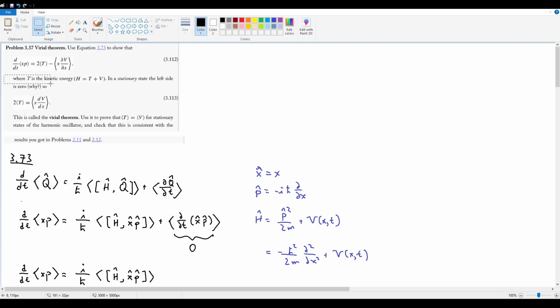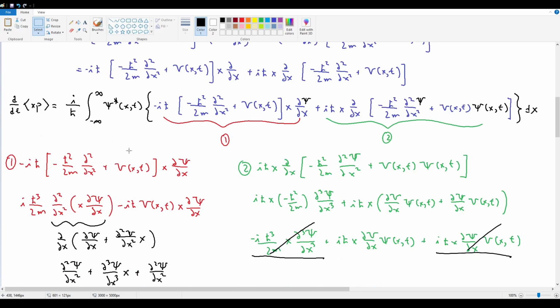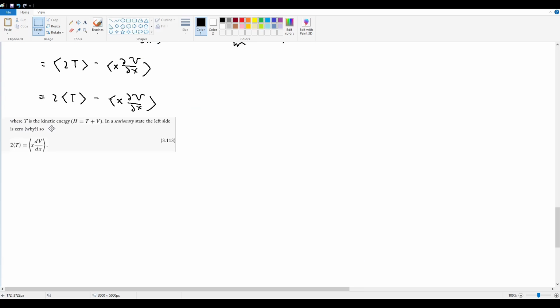In a stationary state, the left side is 0. Why? Okay, so let's look at a stationary state, right? By definition, a stationary state has its positional component and its time component as separate expressions multiplied together.